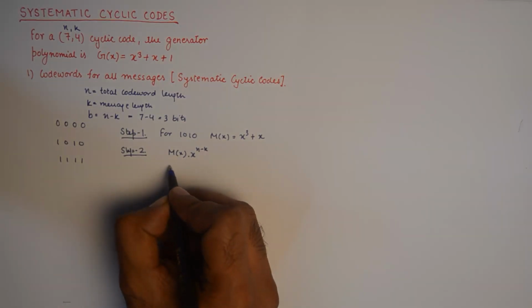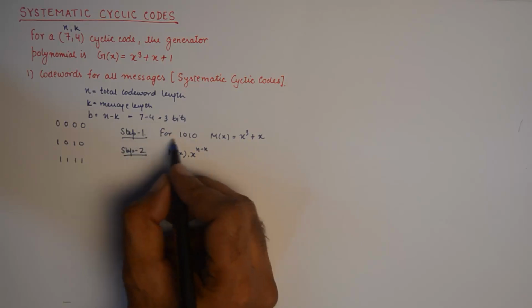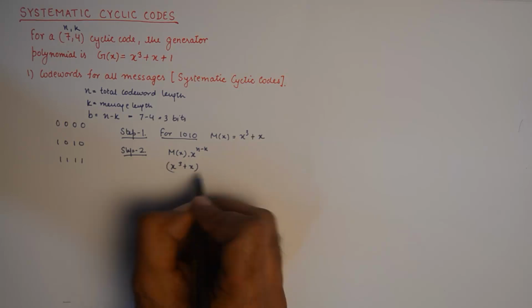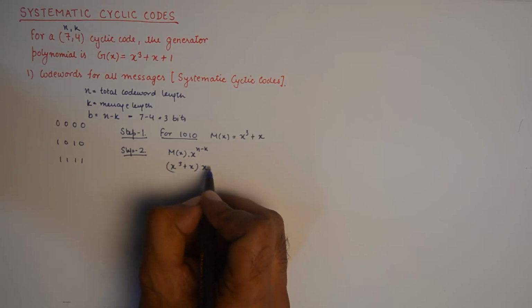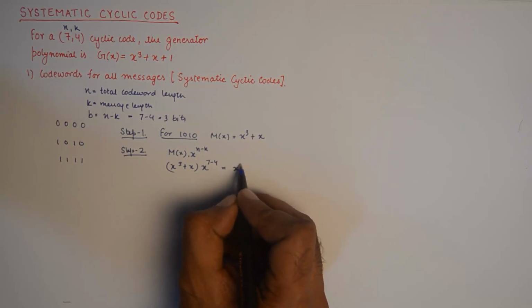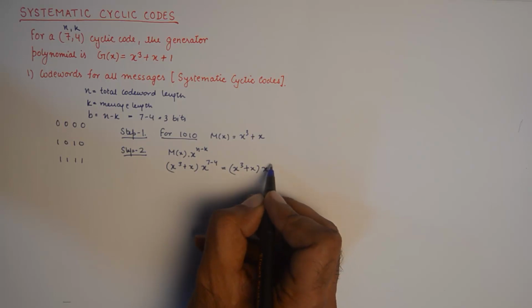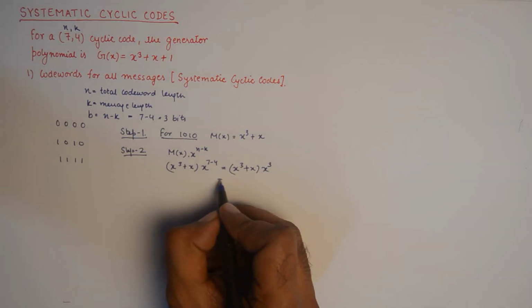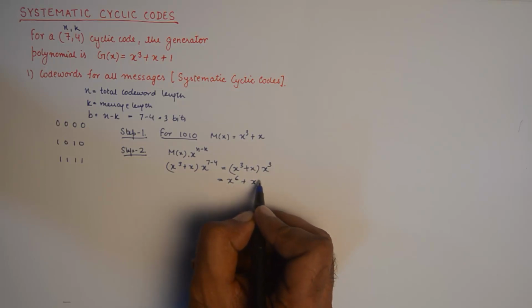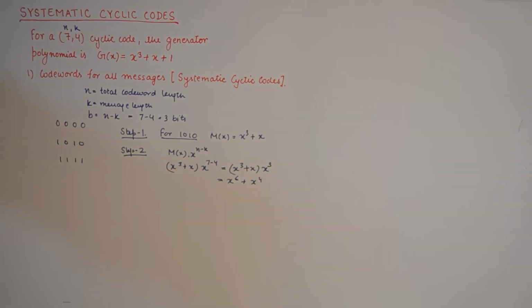So here in this case our m(x) for this particular message is x cubed plus x, and we'll multiply it with x raised to power 7 minus 4. So in turn this will become x cubed plus x into x raised to power 3, or x raised to power 6 plus x raised to the power 4.